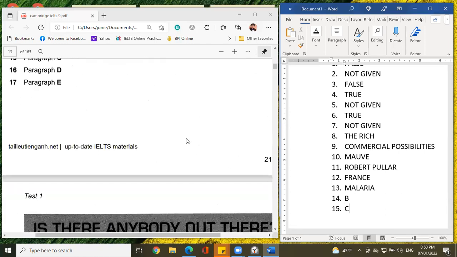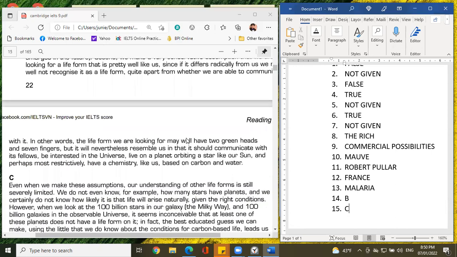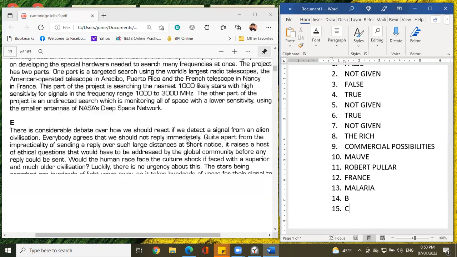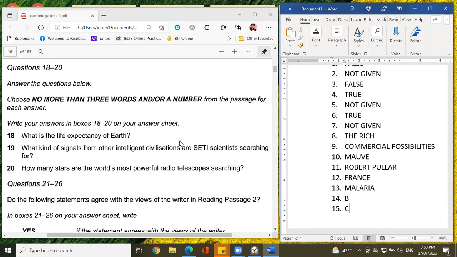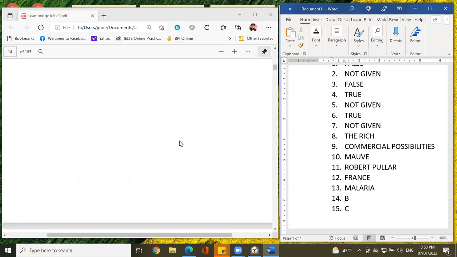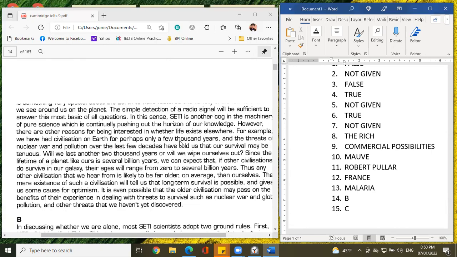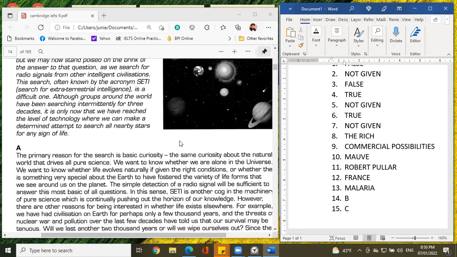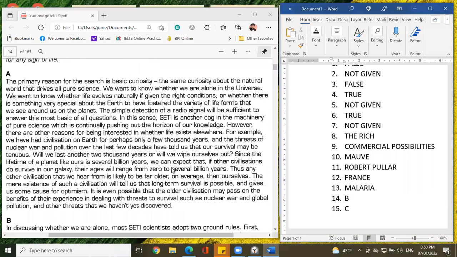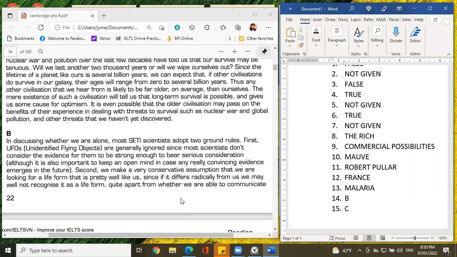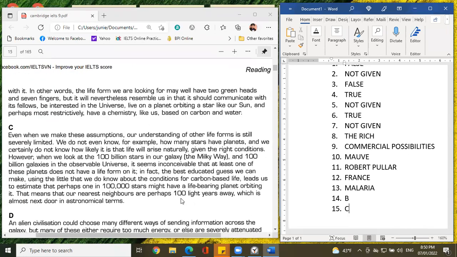Pero hindi pa natin nakikita yung signal. Nasaan na ba yung signal na yun? What kind of signal? Nasaan na ba yung signal? I do not see any signal.